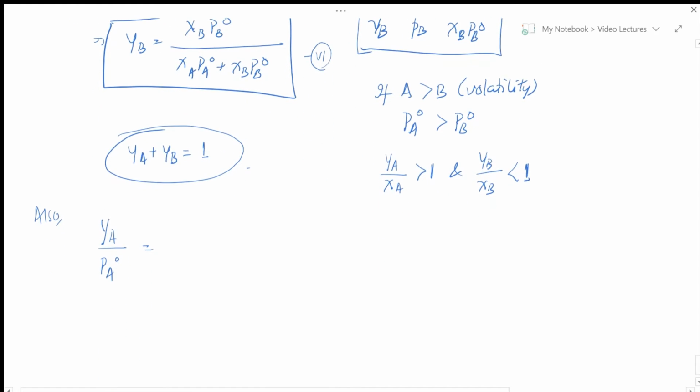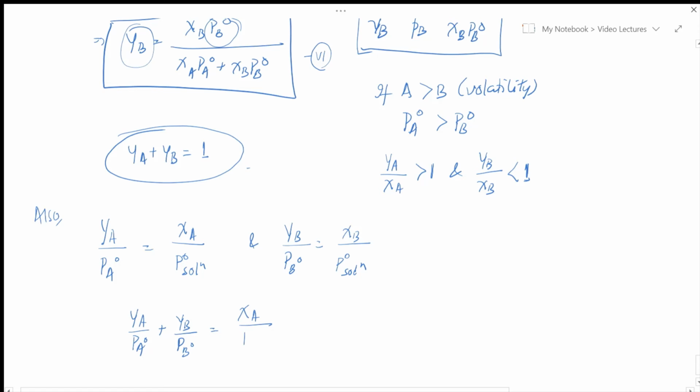So Ya divided by Pa naught is xi A divided by P naught solution. And if you take Yb by Pb naught from the equation here, you get xi B divided by P naught solution. Add these two up, and you get xi A plus xi B divided by P naught solution.